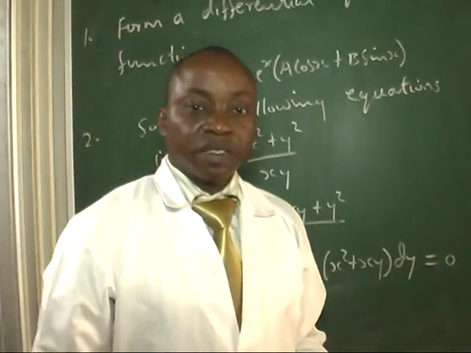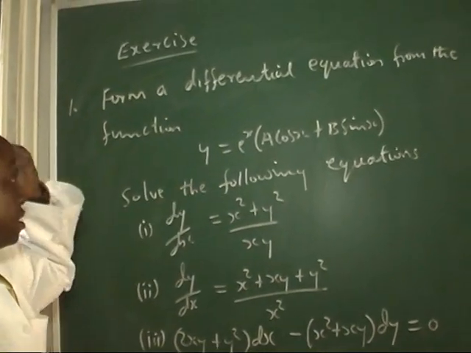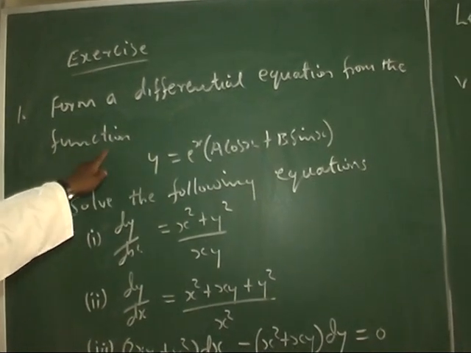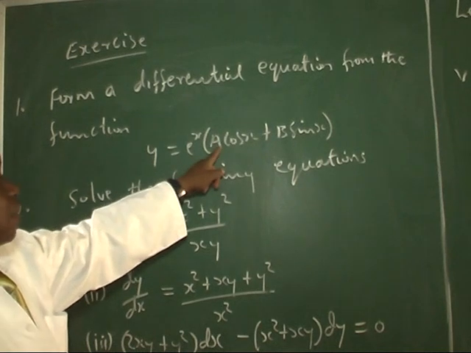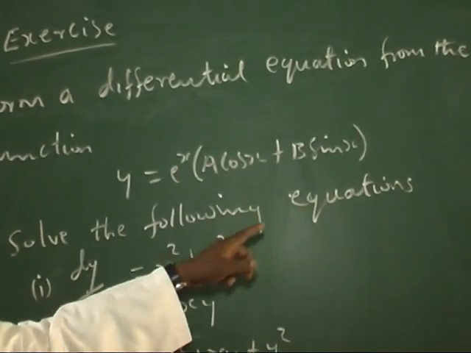Now we'll take some exercises. In this exercise, number 1, form a differential equation from the function y is equal to e to the x times (a cos x plus b sin x).